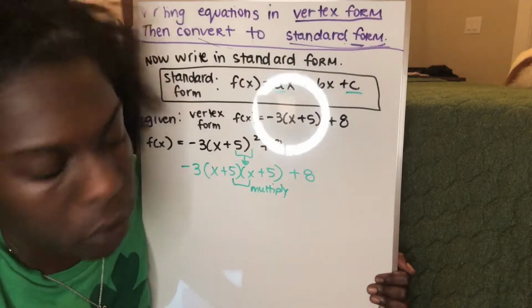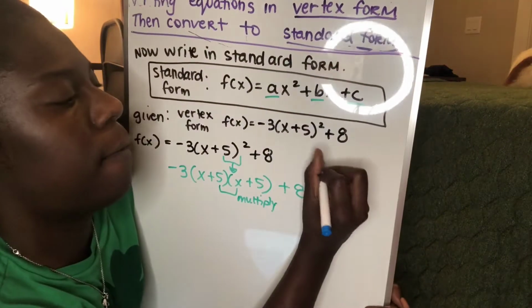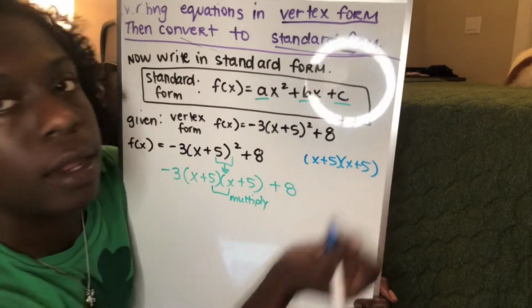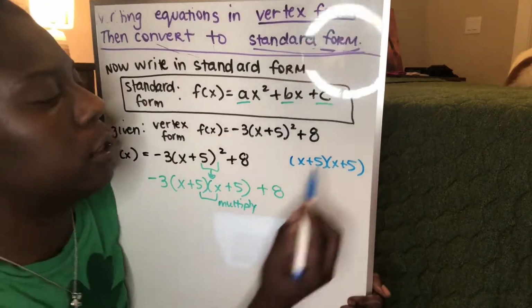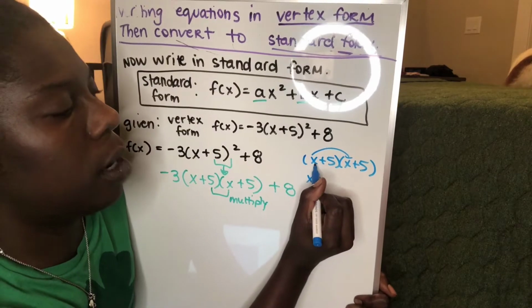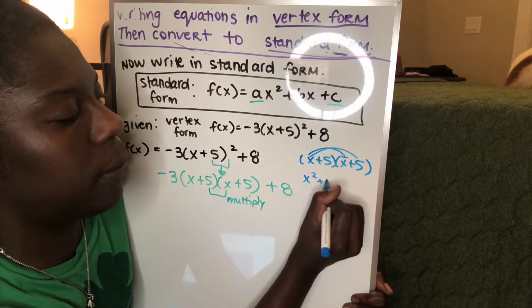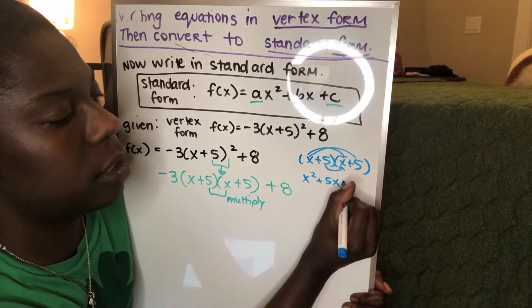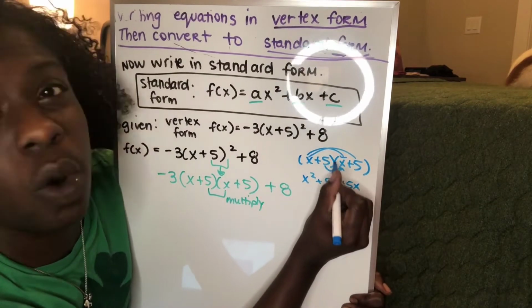So I am going to take x plus 5 times x plus 5, and I'm going to use the distributive property first. I'm going to multiply x times x and get x squared. I'm going to multiply x times 5 and get 5x. I'm then going to multiply 5 times x and get 5x as well. Remember that 1 is in front of x.